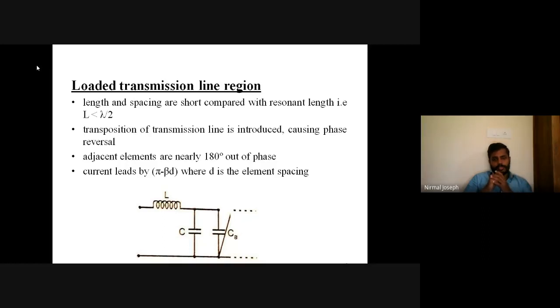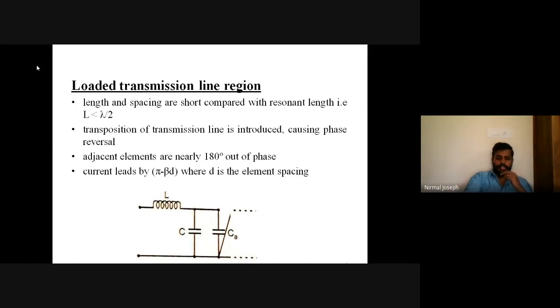So if we are spacing at exact multiples of lambda by 2, we will be getting 0 phase difference between current and voltage. But here that is not the case. The length is less than lambda by 2, so as the spacing.